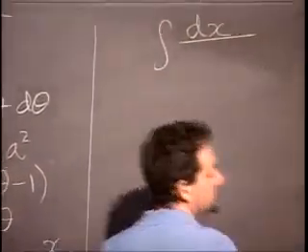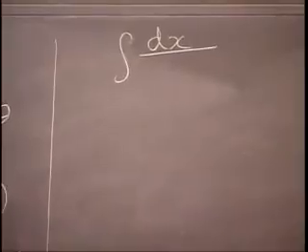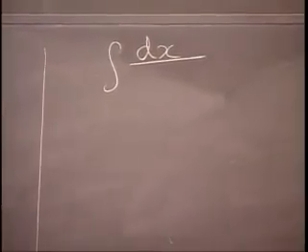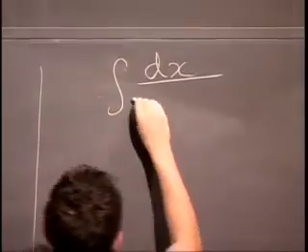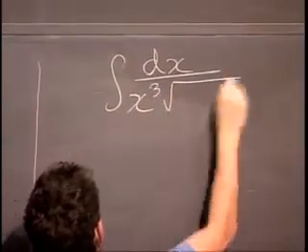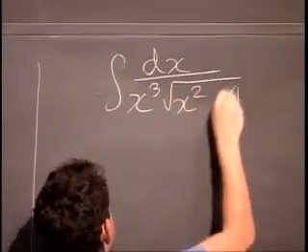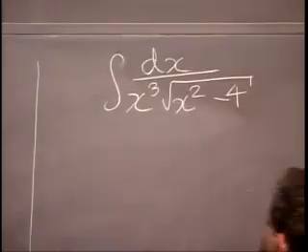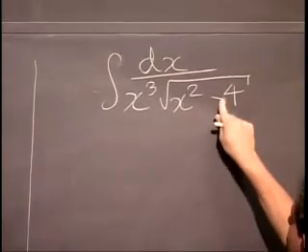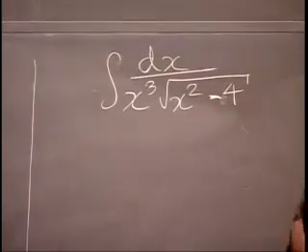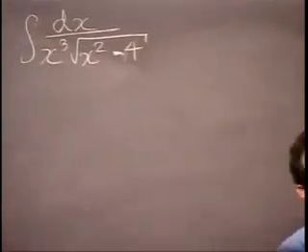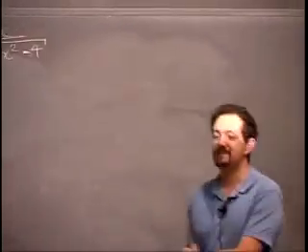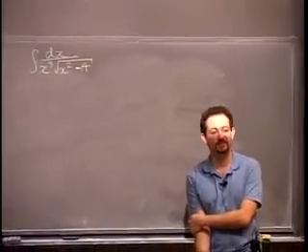Let me just make sure I get it right. Before I start, I'm just going to say one little thing. What could the values of x be? Or what is x not allowed to be for this integral even to make sense?